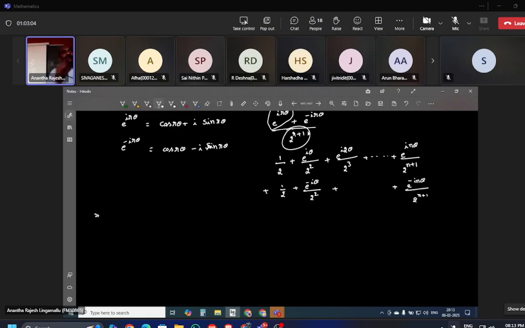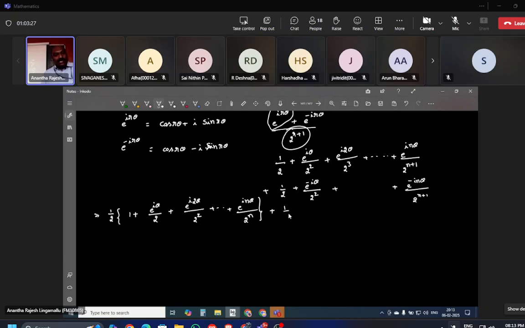From this first term, can I take 1 by 2 common? Take 1 by 2 common. Answer: 1 plus e power i theta by 2 plus e power i 2 theta by 2 square, and so on plus e power i n theta by 2 to the power n.